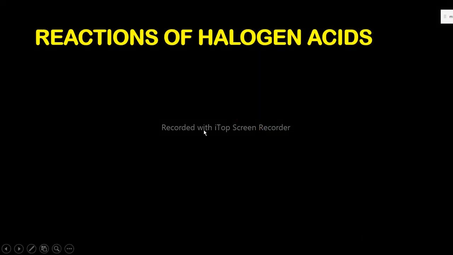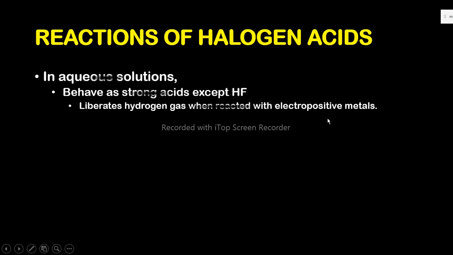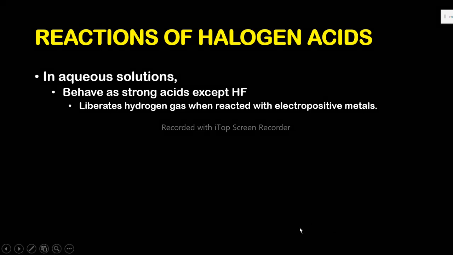So now let's see how these halogen acids react. And they are acids, and this is the easiest, I think. You studied this in senior 2, you remember how acids react. So they are the same things here. So in aqueous solutions, they behave as acids. Apart from hydrogen fluoride, the rest are strong acids.